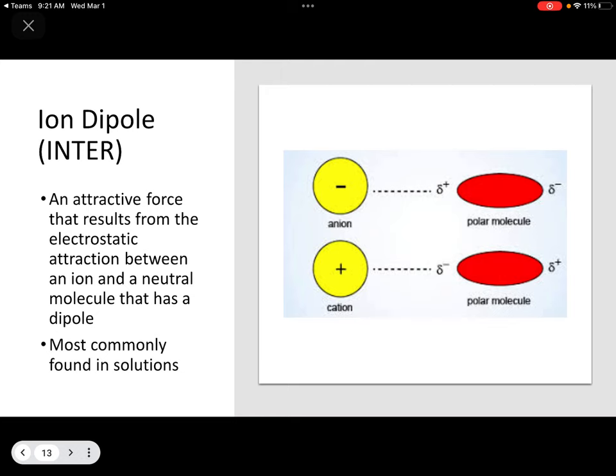So we have to look at its bonding with a polar molecule. Once again, it's between polar molecules, but then we have either an anion or a cation that is going to bond with that polar molecule that has dipoles. The most common type of ion dipole is between solutions. So we have to look at our solutions.